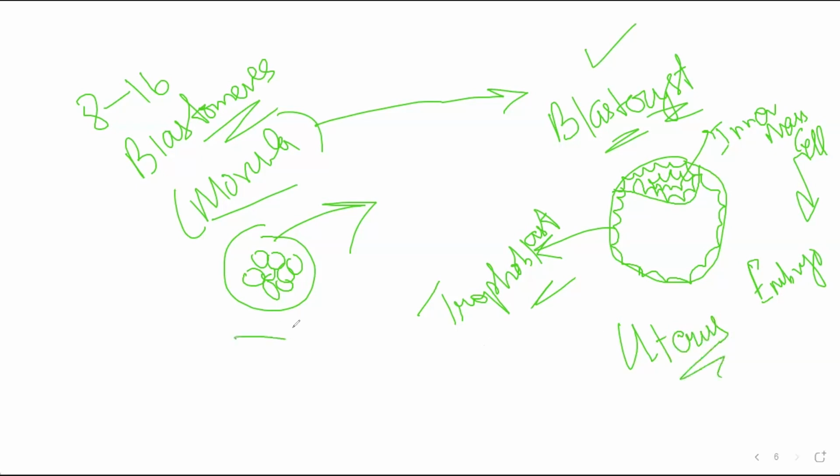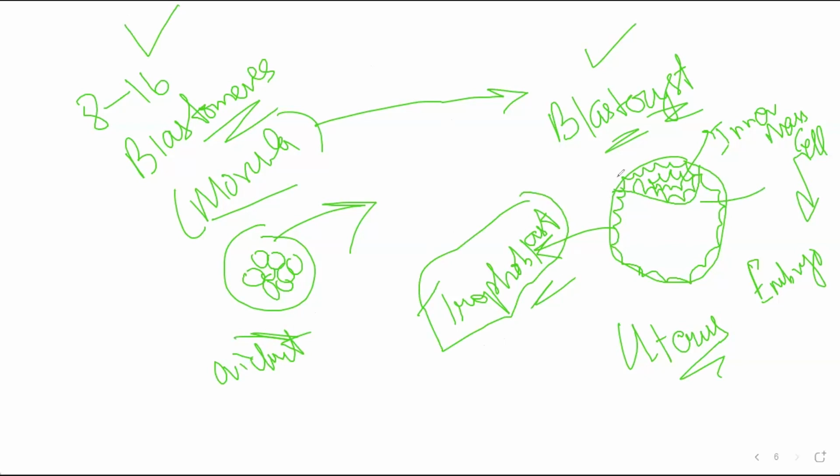And remember, where is the morula located? The morula is located almost in the last region of the oviduct. You can see the difference. This morula was just 8 to 16 cells. It keeps on increasing in number. It becomes 1,000 cells in number, and most of the cells get arranged in the peripheral region, and we give them the name trophoblast cells. Trophoblast cells never form the embryo.